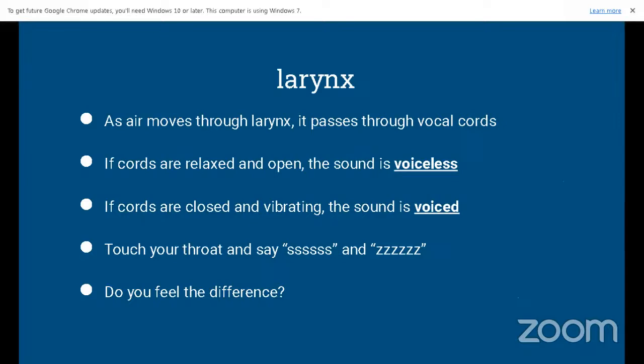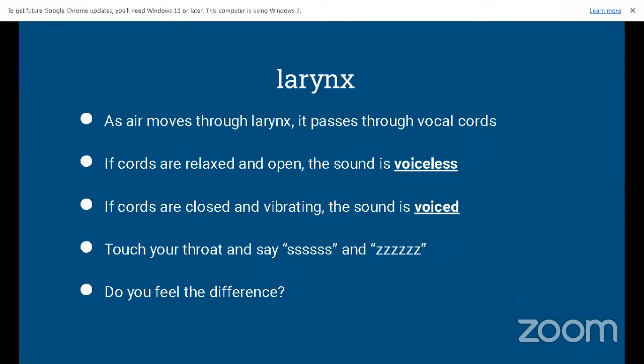For example, touch your throat and say S. Can you see it on the slide? Sense. Now you tell me which is a voiced sound and which is a voiceless sound. Do you feel the difference, or are both the same? Z is voiced.